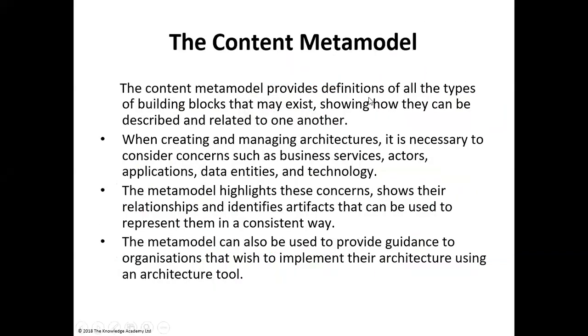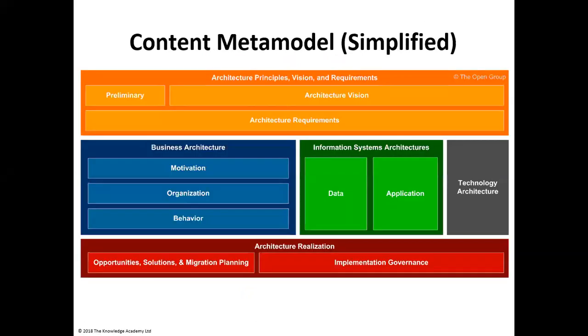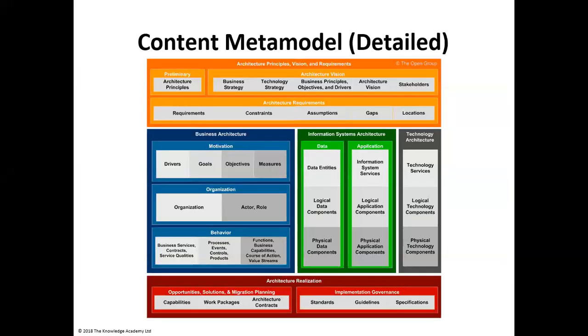The content meta model provides definitions for all the types of building blocks in an architecture project, how they can be described, how they can relate to one another, and things like that. If you look at the diagram, it is the content meta model diagram.